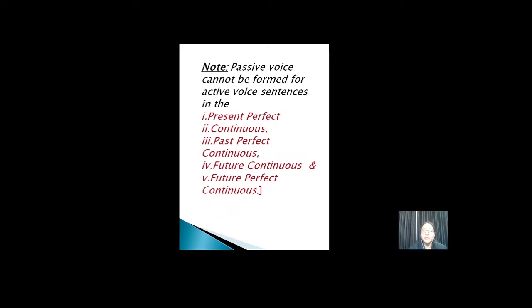In future, we did simple future and future perfect. In present perfect continuous, past perfect continuous, future continuous and future perfect continuous, there is no passive voice. So passive voice cannot be formed for active voice sentences of all these tenses.